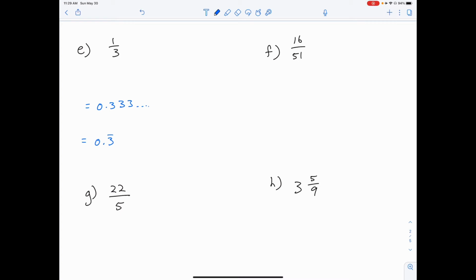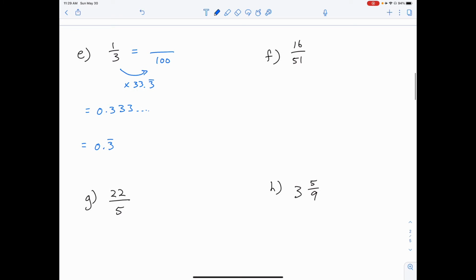Now with this question here, this one's a little bit trickier to do. So you can imagine if I try to put this over 100, then we can see here that if we want to go from 3 to 100, it's a bit tougher, but we can go 100 divided by 3, and what you'll notice is that we're going to have to multiply by 33.3 repeating. So we're going to have to do this to the top one as well, multiply by 33.3 repeating.